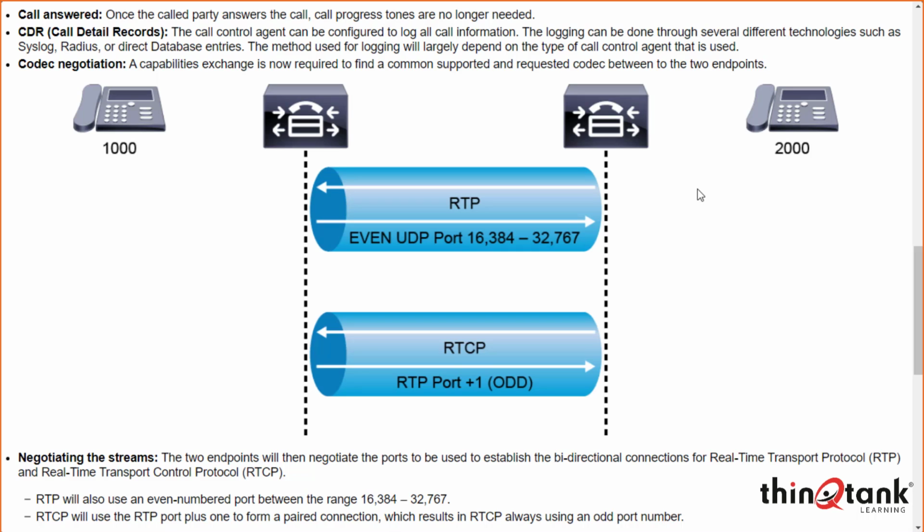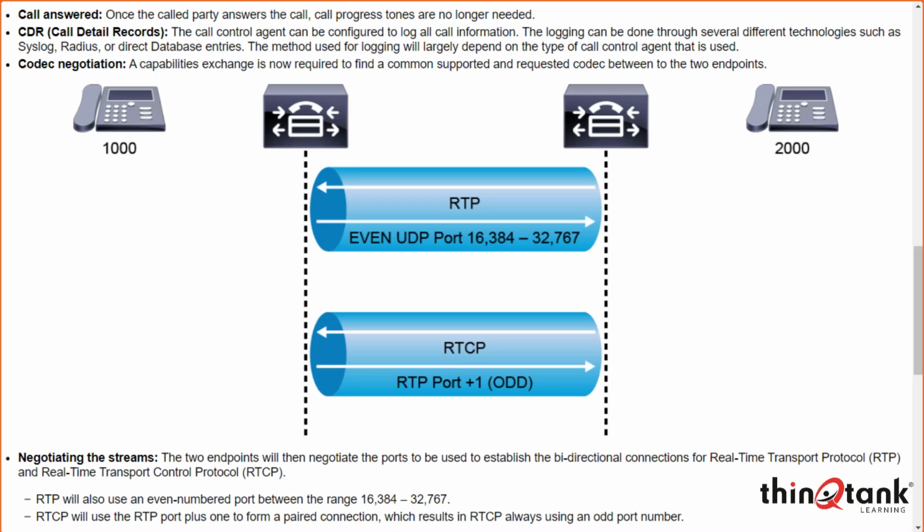Even though the call may be set up, the call progress can proceed, we may fail at this point if we don't have a common codec between the endpoints and we don't have a transcoding resource that's available. We negotiate the RTP streams. Of course, we talked quite a bit about RTP in the last discussion. RTP is the Media Transport Protocol. It uses UDP ports 16384 to 32768.